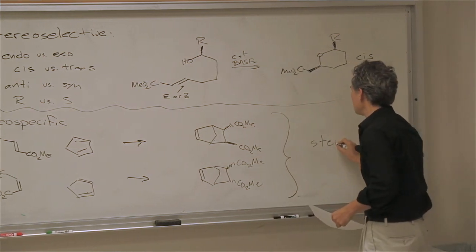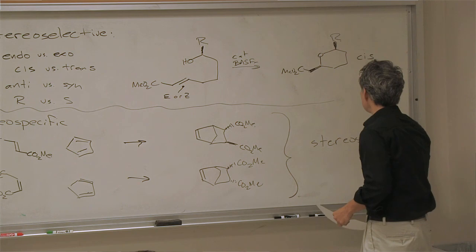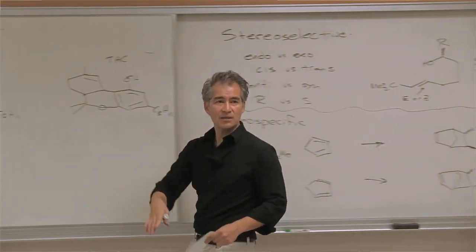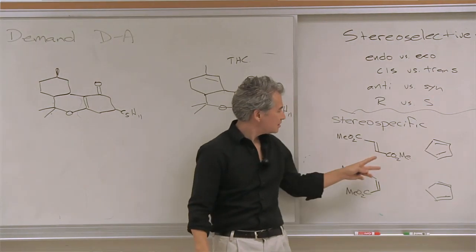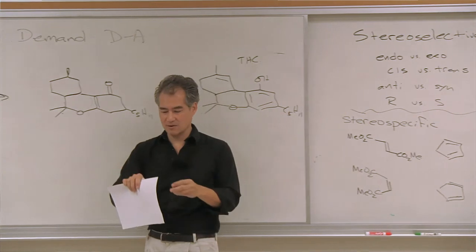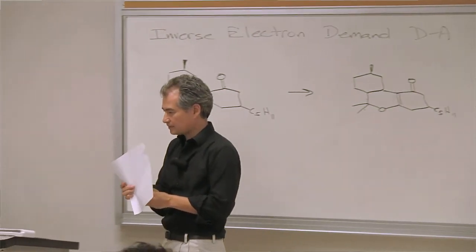But after you show this relationship, now you can say this is a stereospecific transformation. It's stereospecific. The trans isomer gives you trans, the cis isomer gives you cis, that's stereospecific. Different from stereoselective.